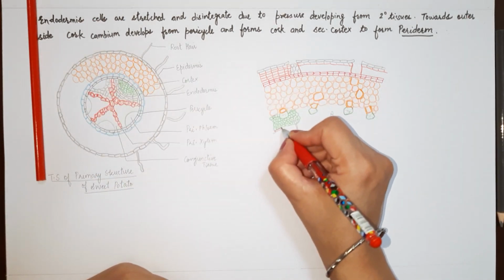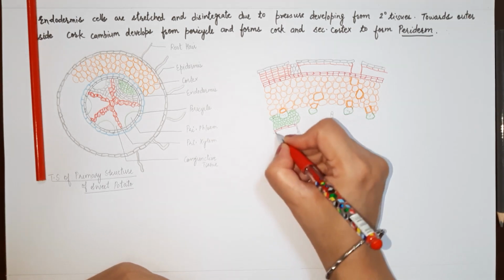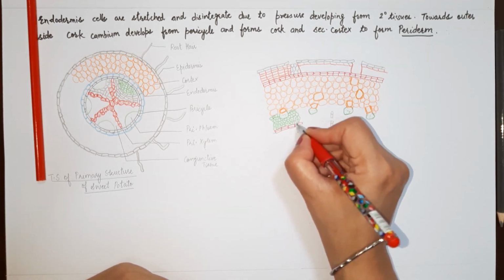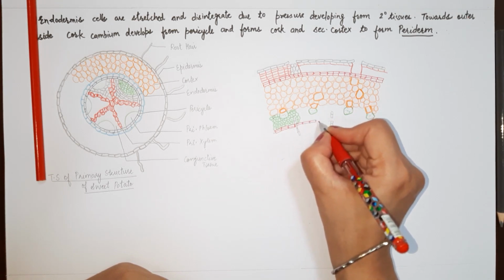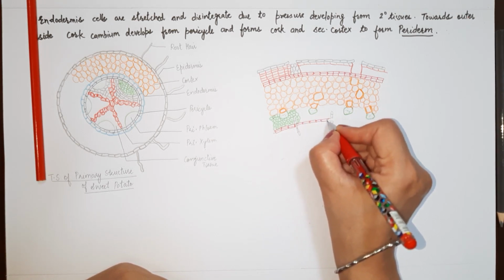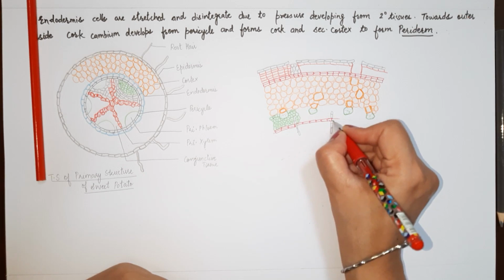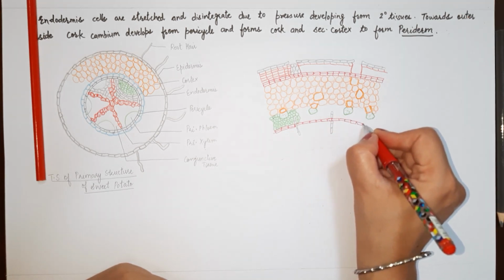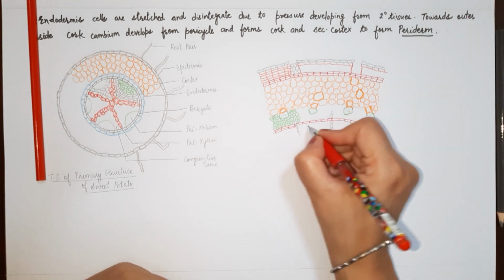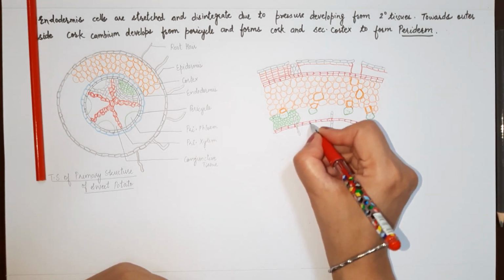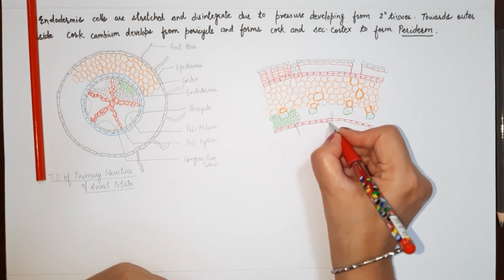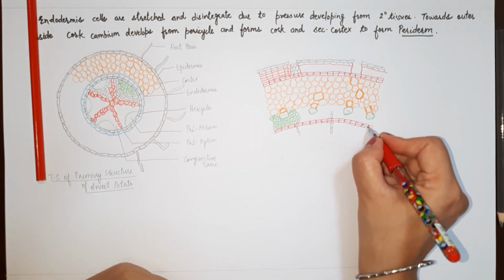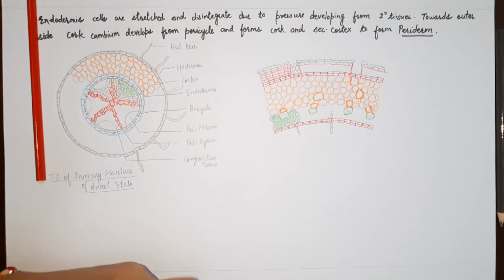Then we have 2 to 3 layers. You can show more because in the vascular cambium many layers are seen, but here we are going to draw only 2 layers. So, 2 layers of vascular cambium.